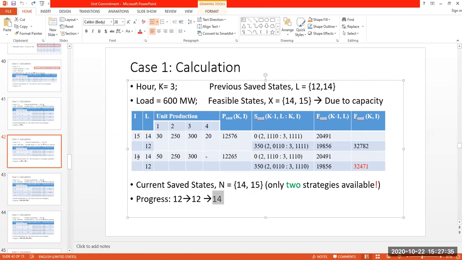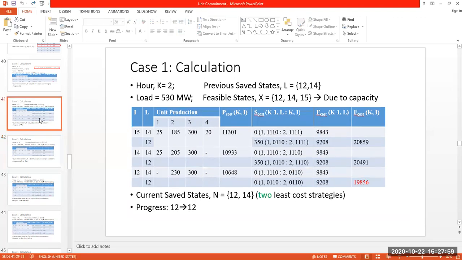You have to shift from 12. Now in this example, that is not still clear, because the calculation is such that it is related with state 12 most of the time.